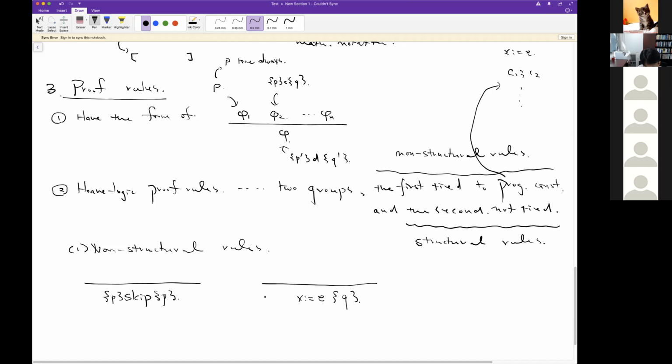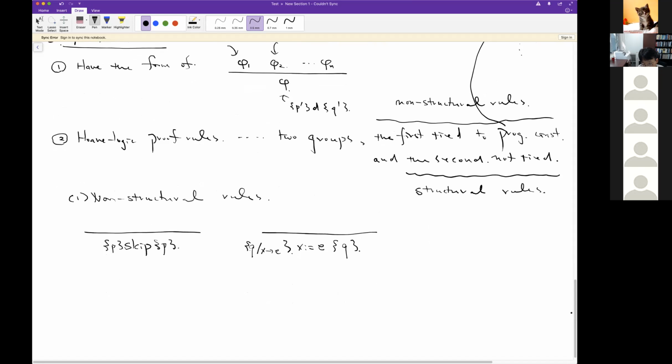The assignment rule says what you need to do is prove a version of Q where X is replaced by E. If you prove that Q with X replaced by E is true initially, after the assignment, Q will be true finally. A bit weird, but if you use it, you will see that it makes sense, and I will tell you why this rule is correct.